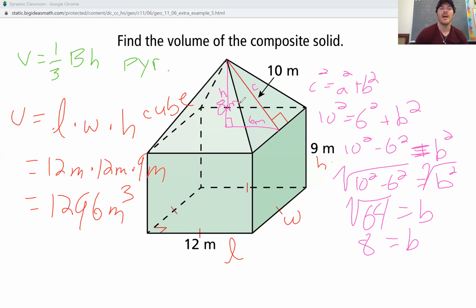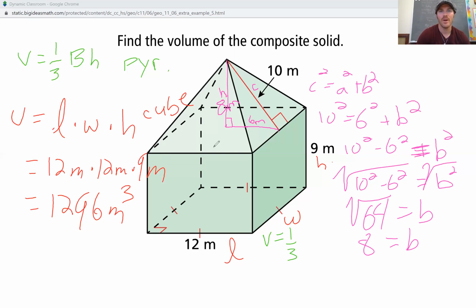Now we can plug this into our volume formula to find the pyramid. So the volume of the pyramid is going to equal 1/3 times the area of the base, which is the area of this square.